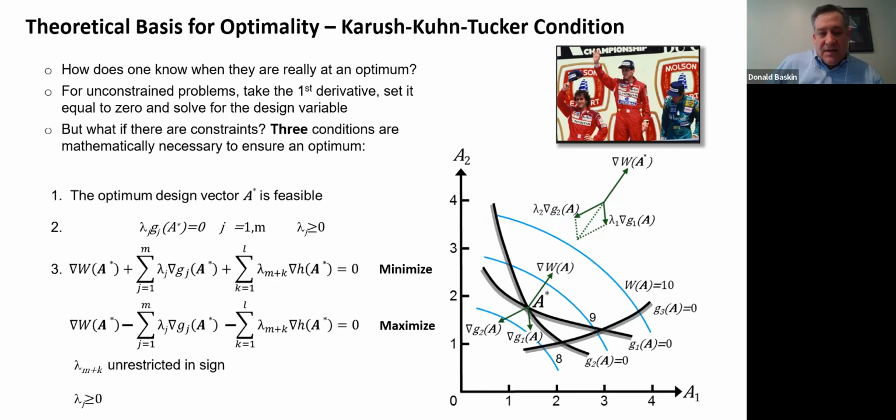You change those plus signs to minus signs. So you subtract the gradients of the constraints, times their Lagrange multipliers, from the gradient of the objective function, and that equals zero. That's when you hit a maximum. I've tried to explain that in this graph, and you can go back and look at it.